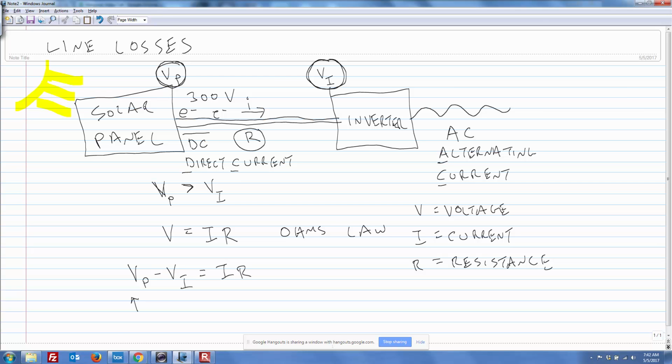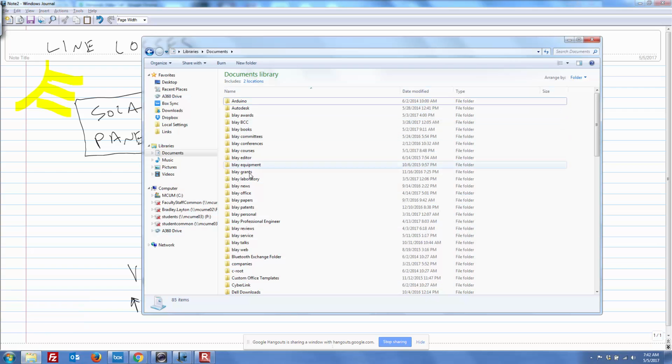So what we're looking for is the change from the panel to the inverter, and we know that if the resistance goes up, we're going to lose more voltage. So let's look at an example. I think we had an example from our previous quiz.